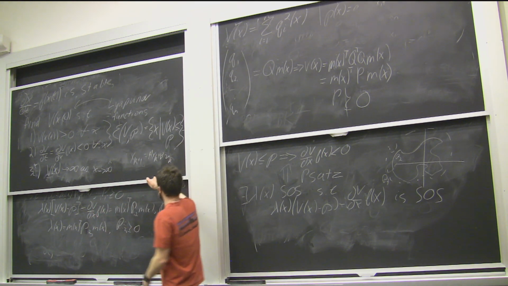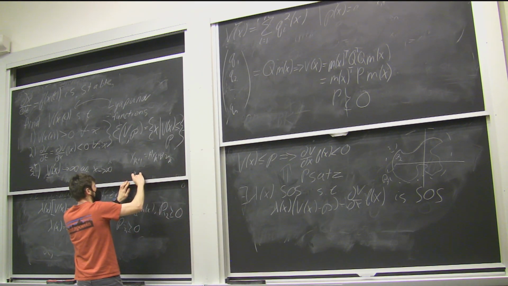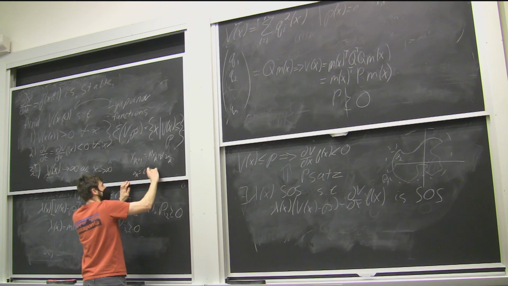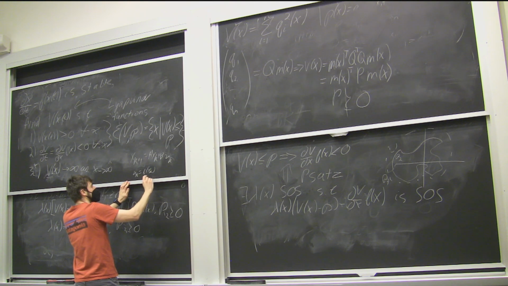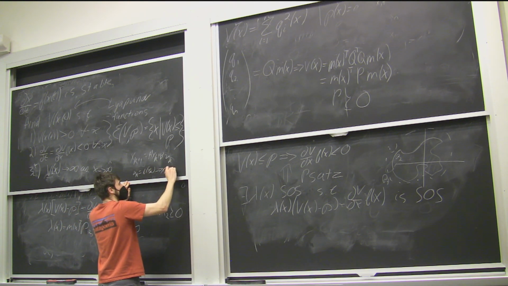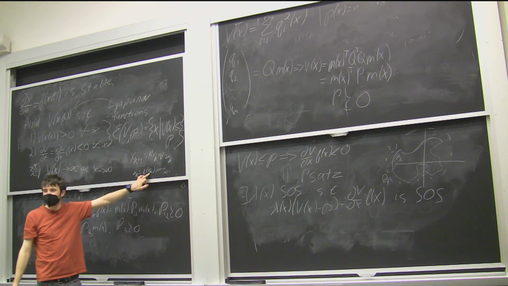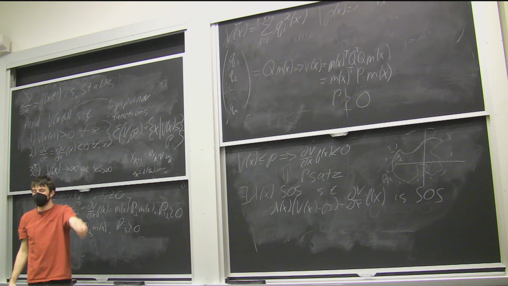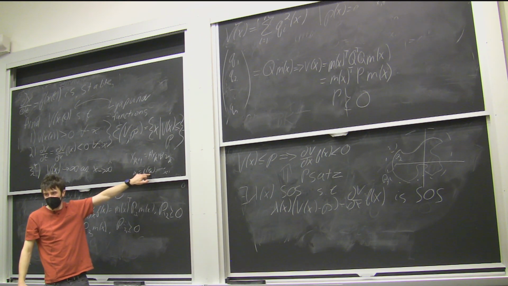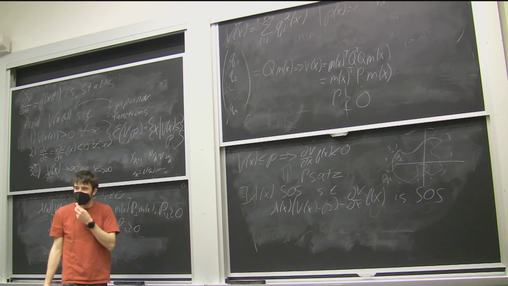But as soon as I make a controller, u_k is equal to some f of x_k, right? Then the closed loop becomes just a function of this variable x_k. As soon as I make a controller that's a function of my state, the closed loop is only in the variable of that state.